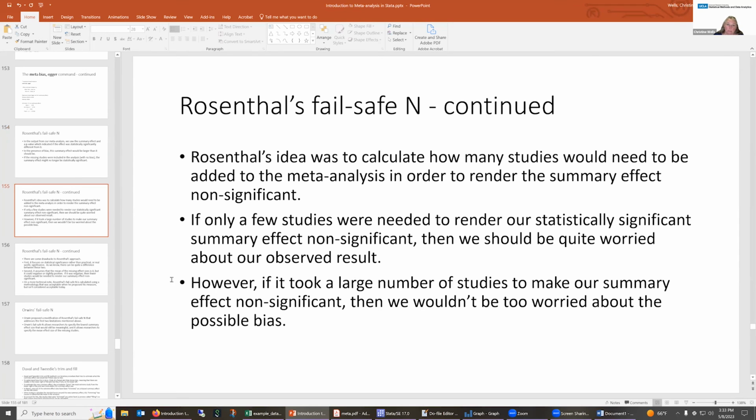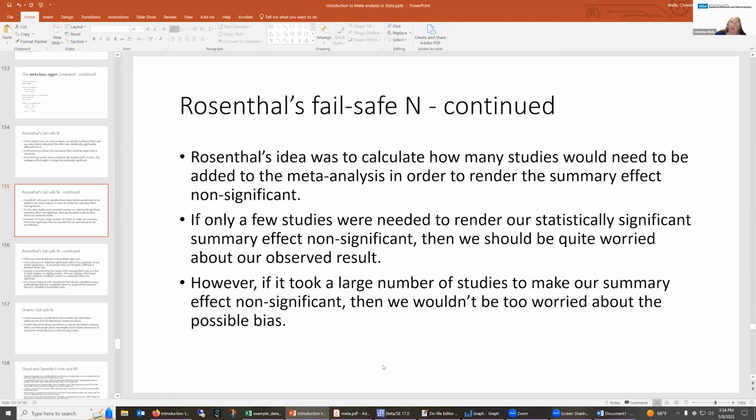statistically significant. The idea here was to calculate how many studies would need to be added to your meta-analysis in order to render your summary effect non-significant. So think about that for a second. If I add studies to my meta-analysis with smaller effect sizes, how many do I have to add so that my summary effect is no longer statistically significant?